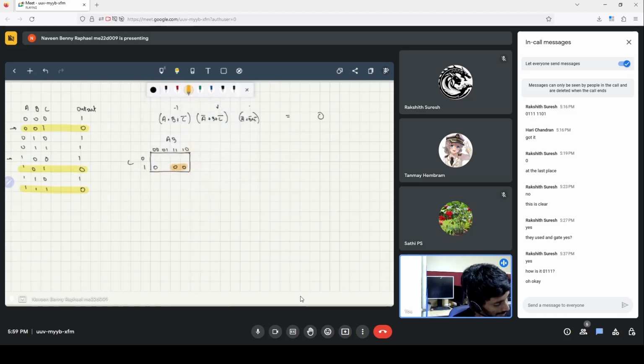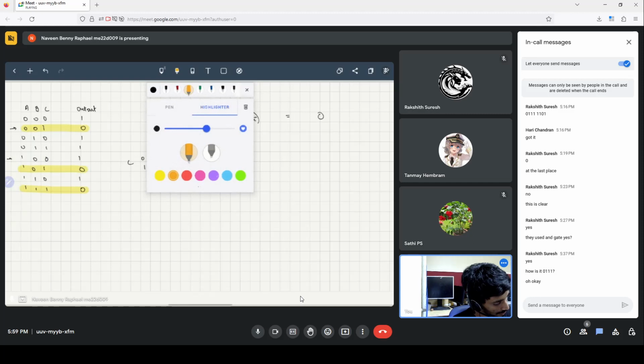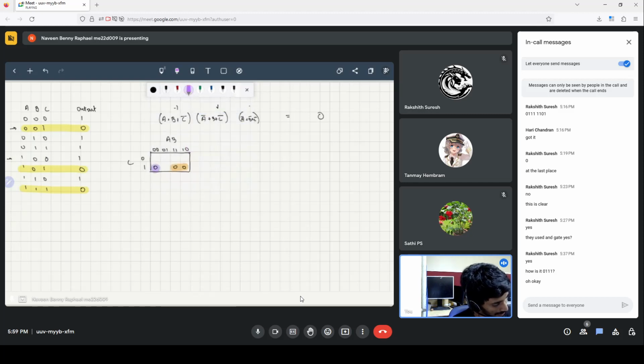So here we have this and we have this. Oh, I should fill in the rest of the ones. This is clearly only B changes and A remains the same. So that means A is 1, and C is also 1.